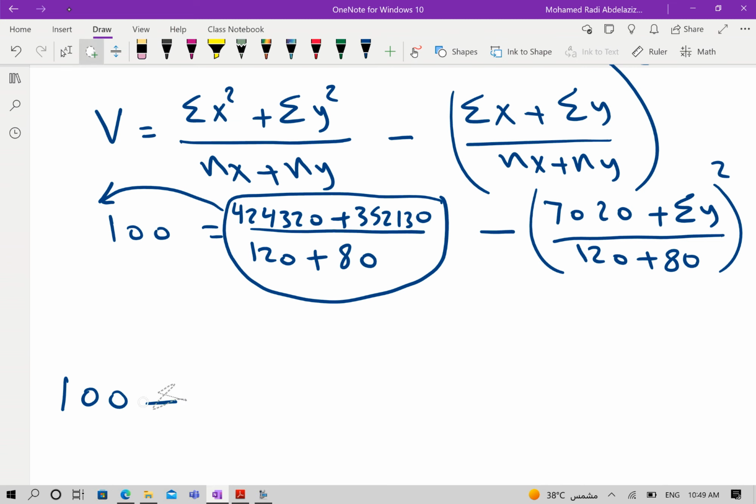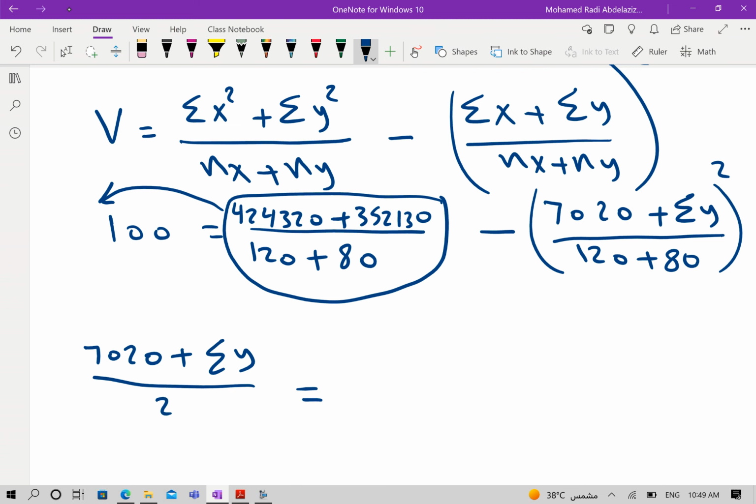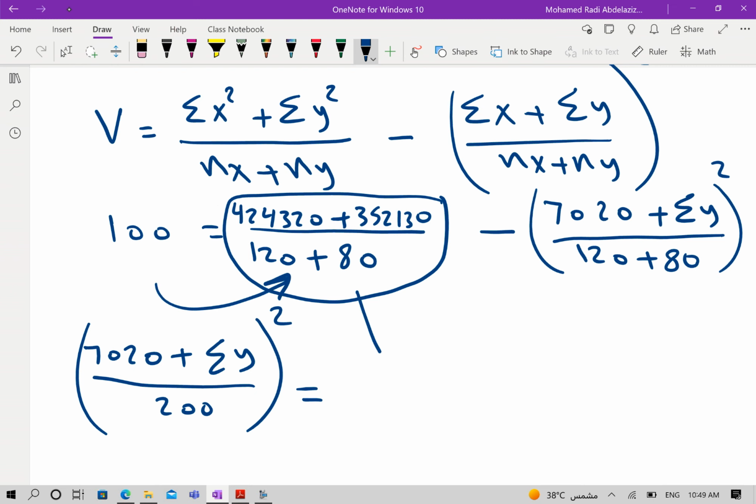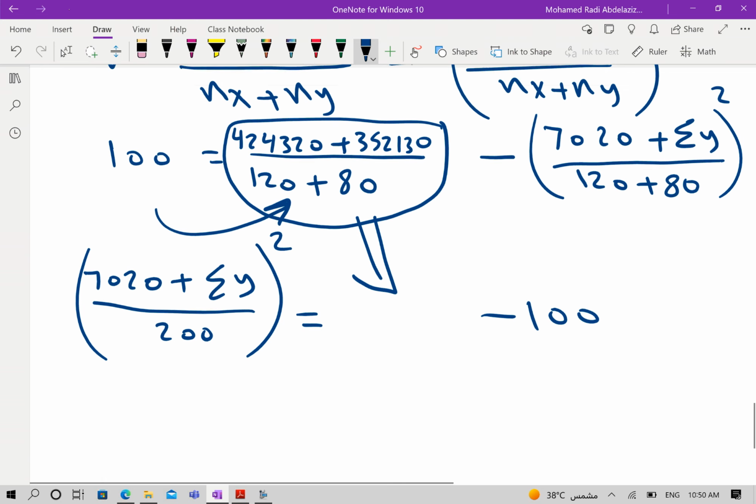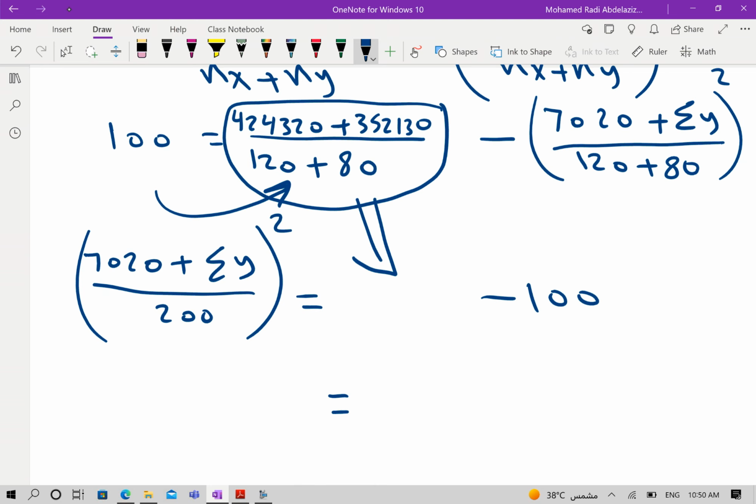Because its sign is negative, it is shifted to the other side to be 7020 plus summation of y divided by 200, the whole squared. So I will move 100 to the other side. This value is what? Minus 100. After minus 100 will be? After minus 2.25.